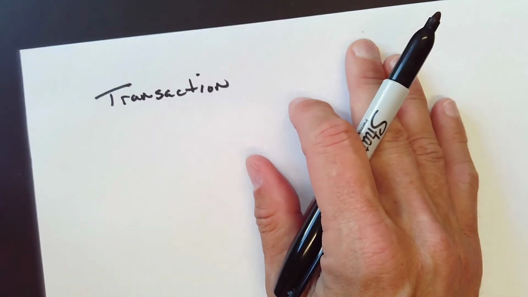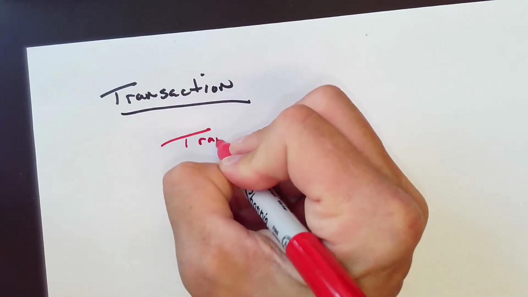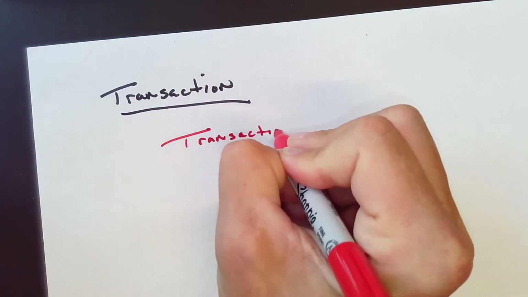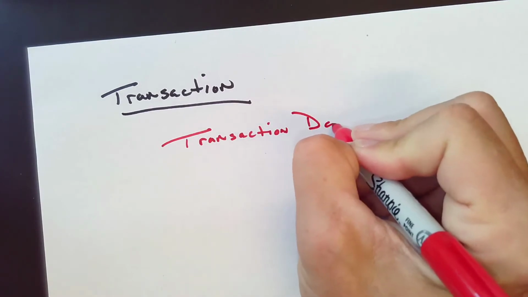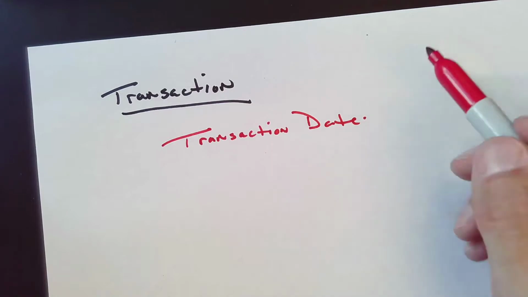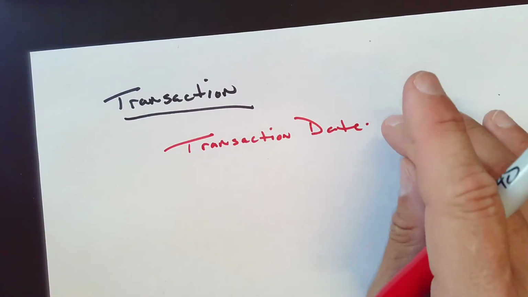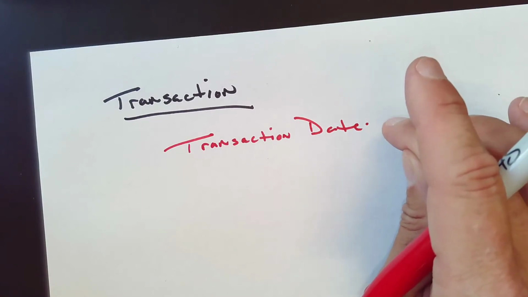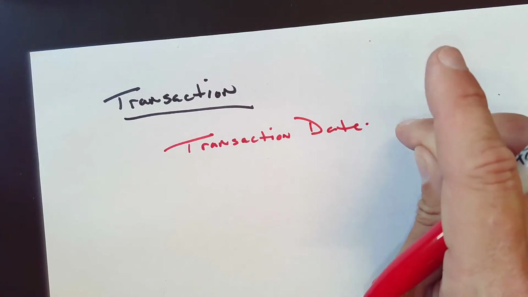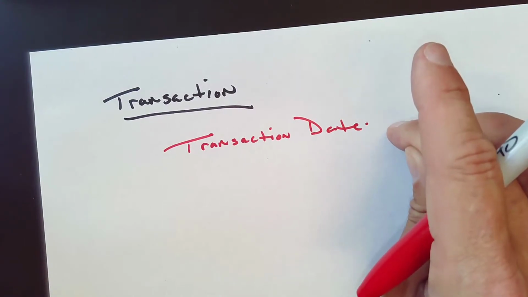The first date is the transaction date. That clearly is the date we are engaging in the business. Transaction date also coincides with the day that I may be permanently obligated.